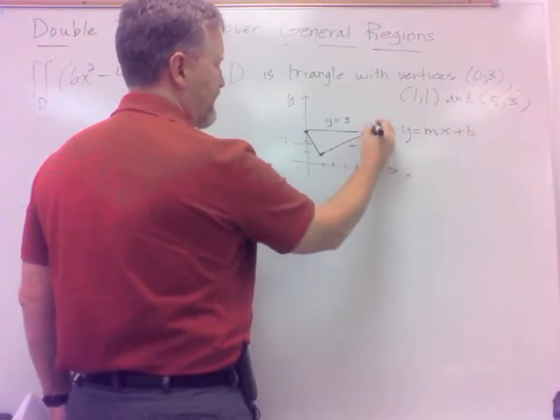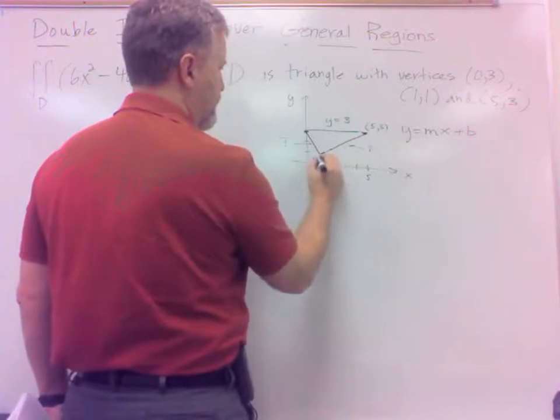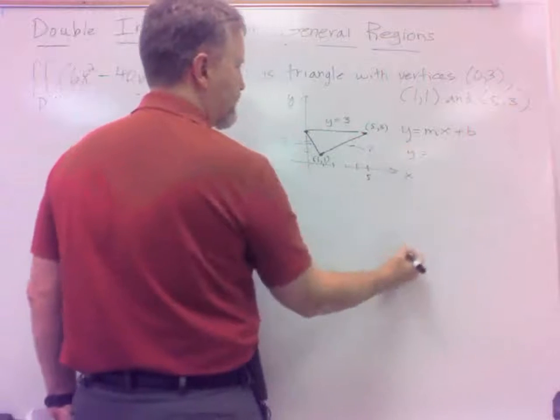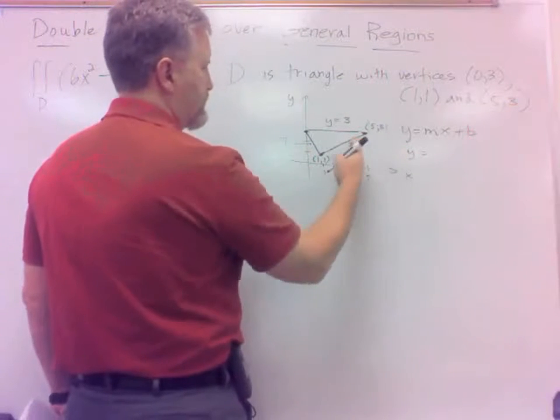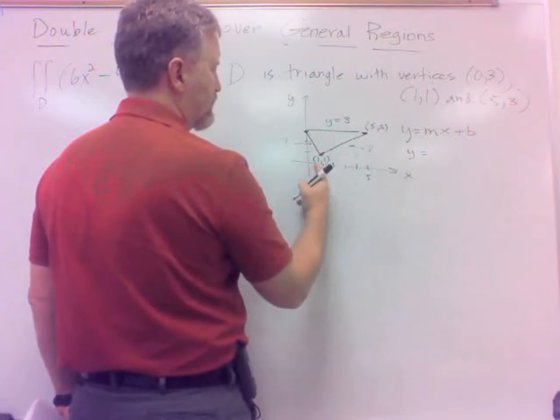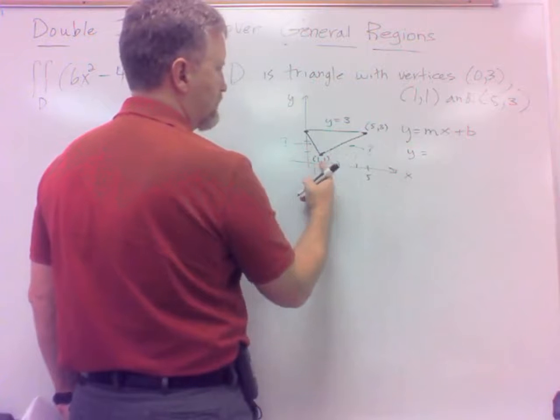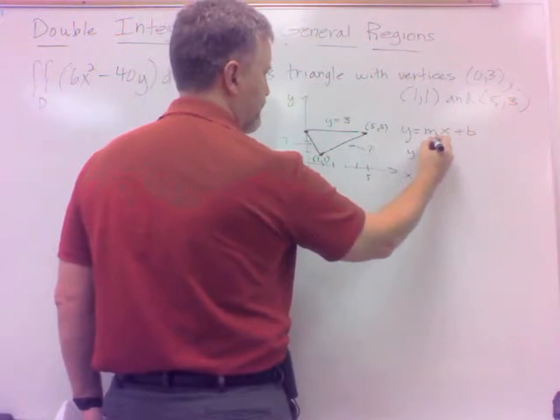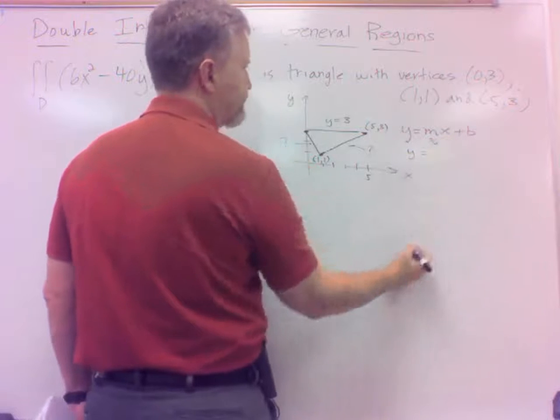You've got 5, 3, and 1, 1. So the m would be the difference of the y's, 3 minus 1, which is 2, over the difference of the x's, 4. So it'll be a half.